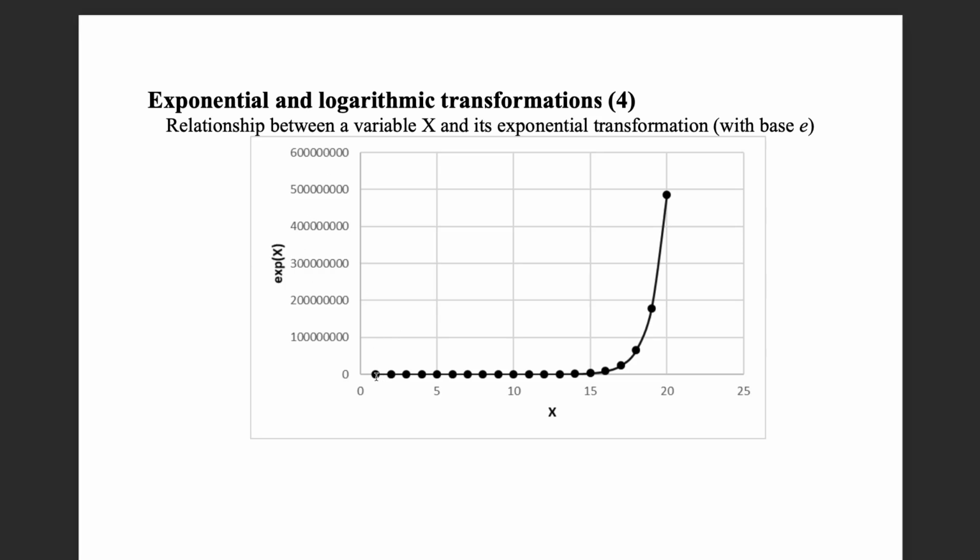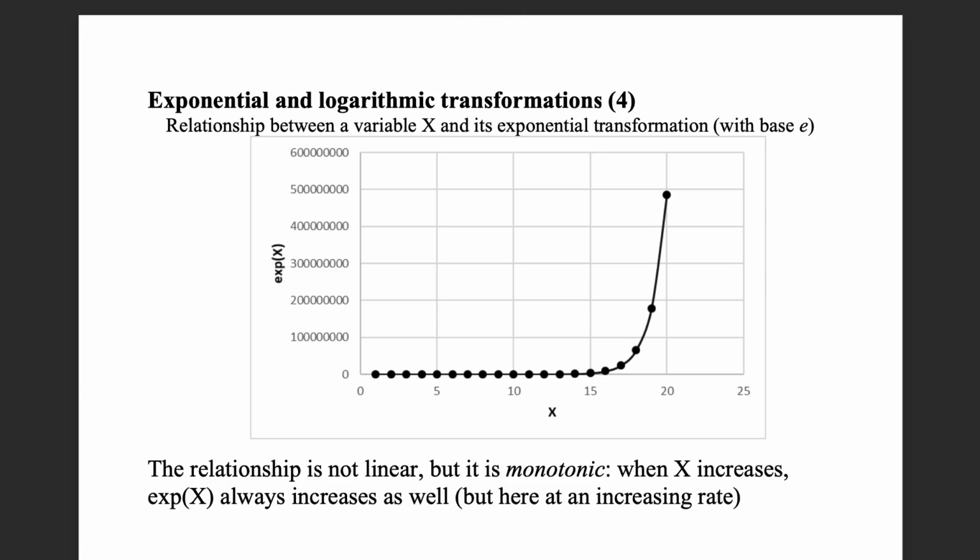And you will see that that's an interesting relationship. It's going up very little, and then increasingly so, and increasingly so. So the relationship between x and the exponentiated version of x is obviously not linear, so that's not a straight line. It is a relationship that is monotonic, meaning that whenever our value of x goes up, the exponentiated transformation of x is also going to go up.